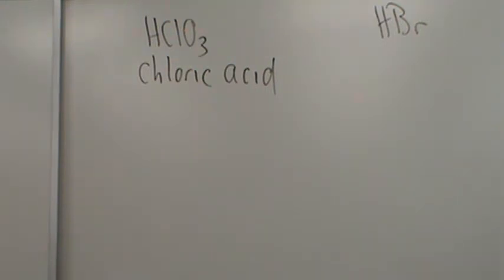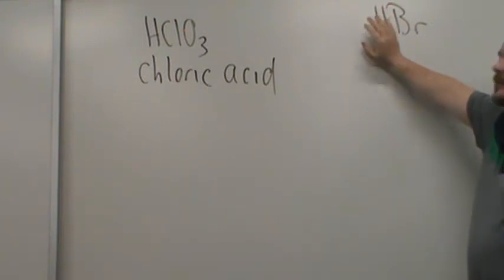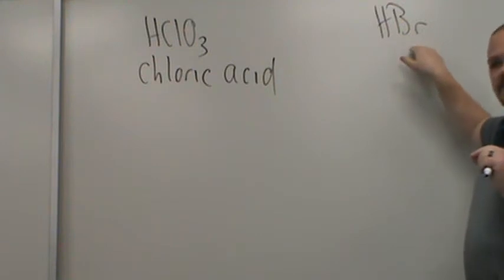HBr. Alright, so once again, cover up the hydrogen. What is our anion? Well, the element is bromine, but the anion would be bromide. Because remember, an element by itself as an anion ends with IDE.